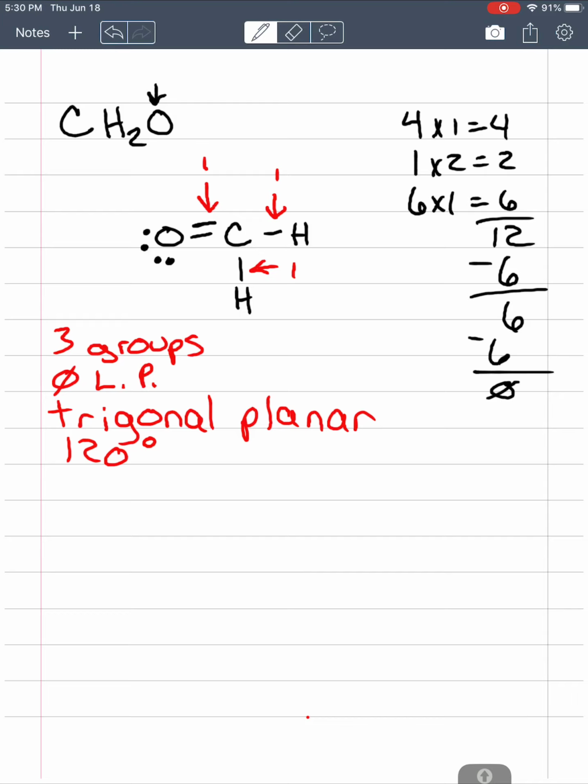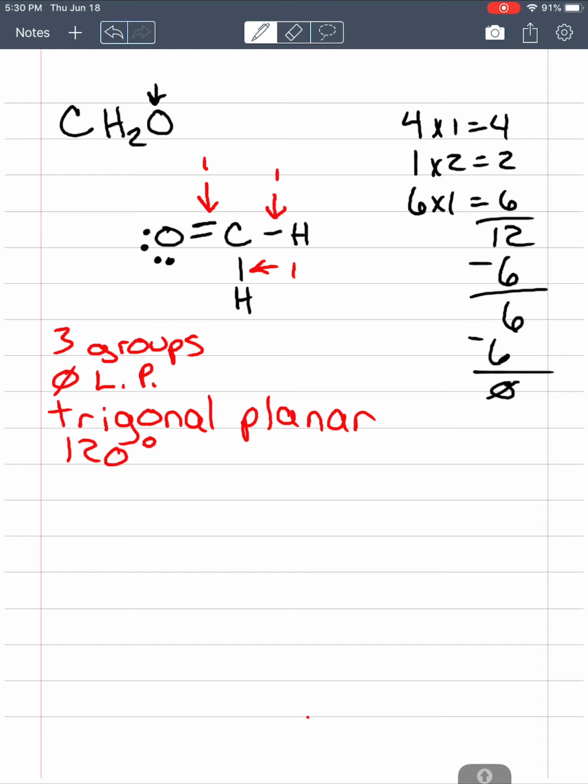So now let's look at 4 groups. So far, the only angles we've had are 180 and 120. They're both 360 degrees divided by however many sides you have. So with the linear, you have 2 sides, the top and the bottom, so that's 180 degrees. With trigonal planar, you have 3 sections, so that's 120 degrees.